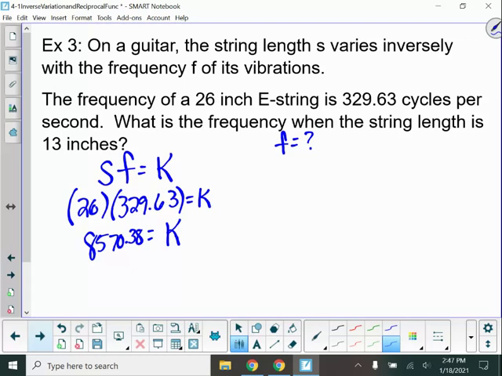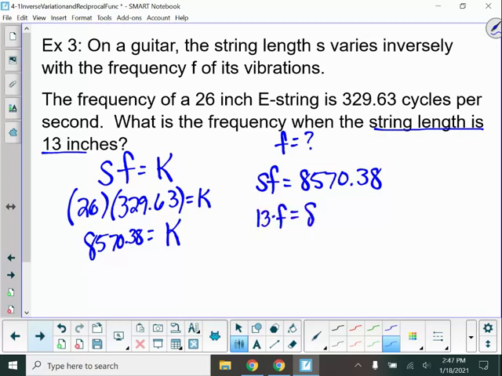So my equation is going to be SF is equal to 8570.38. Now it says, what is the frequency when the string length is 13 inches? So 13 is going to be my S term, and I'm going to divide to solve.